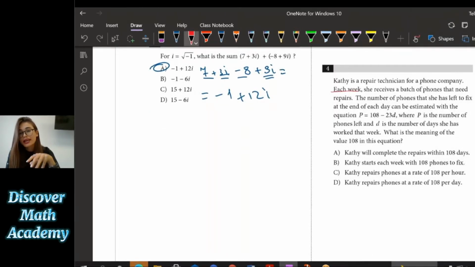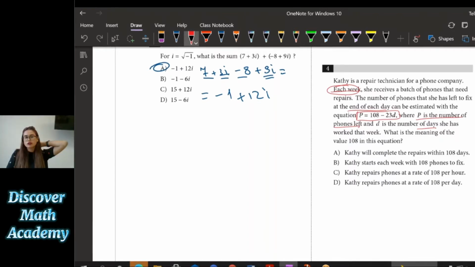The number of phones that she has left to fix at the end of each day can be estimated with the equation P is equal to 108 minus 23D. P is the number of phones left, but you have to know that it's about each week. D is the number of days she has worked that week, because we are talking about 7 days.